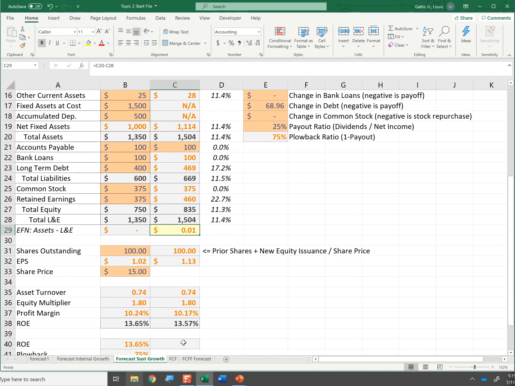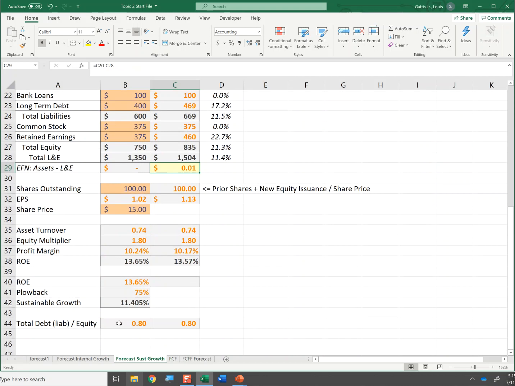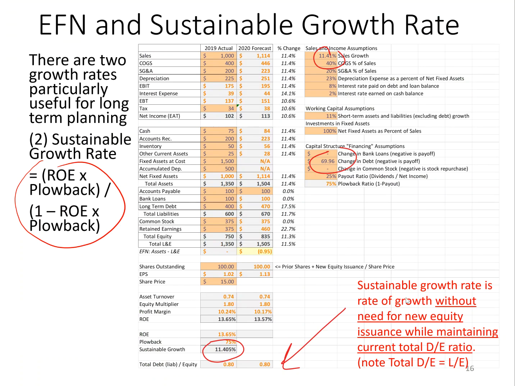And look what happened. My debt to equity ratio, or liability to equity ratio, remains at 0.8. So what is the sustainable growth rate? It's the growth rate of sales and also current assets and liabilities without any need for new equity issuance while maintaining the current liability to equity ratio.